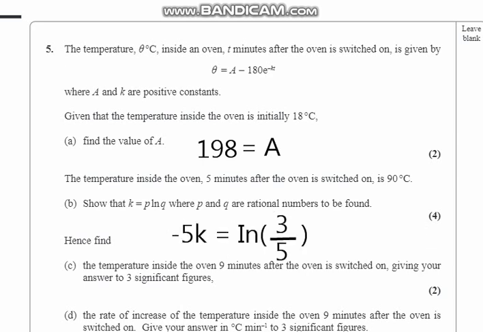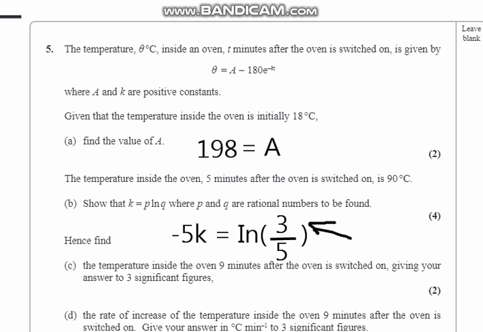There you go, guys, I got minus 5k equals ln 3 over 5. Now to make k the subject, we can either divide everything by minus 5, or if you want to make 5 a positive number, you can flip this fraction, 3 upon 5 will become 5 upon 3.